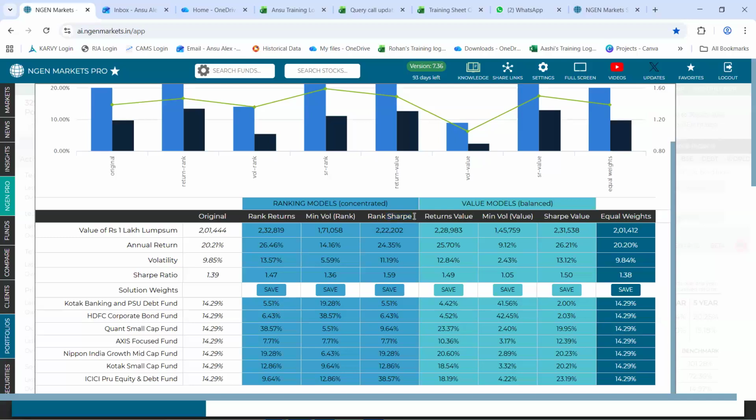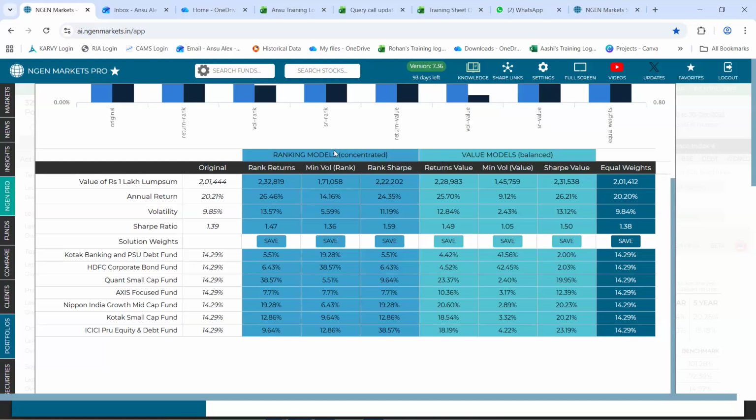And for this, we have two broader models in consideration. First being the ranking model, which is also called the concentrated approach model. And second being the value model, which is also called the balanced approach model.